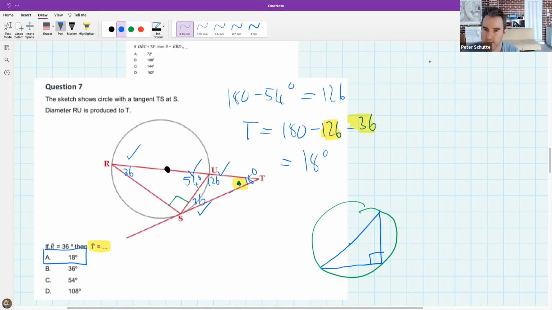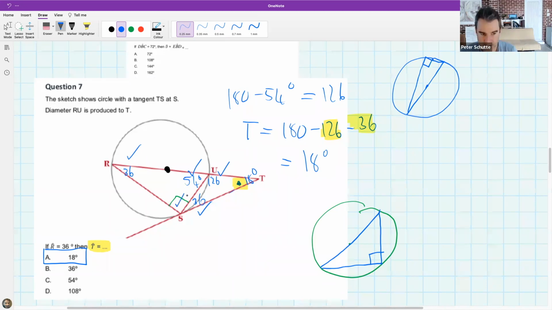It doesn't matter where that angle is, as long as it's subtended by the diameter, it will be 90. So that's where that comes from.